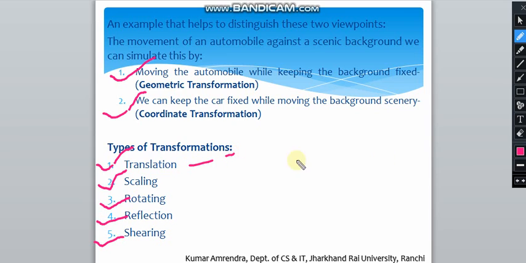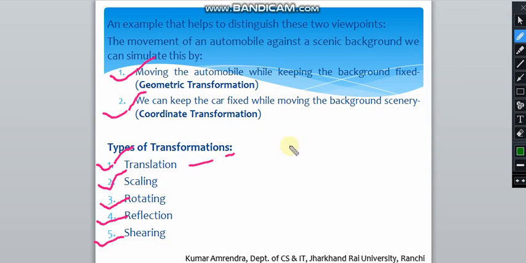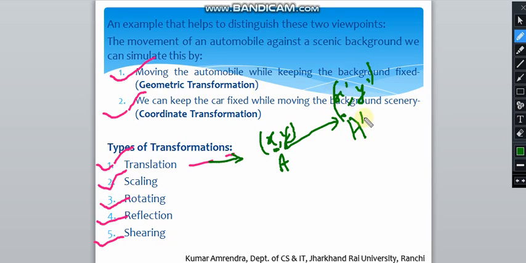So in translation, translate means we have to change the position of the object, or we have to translate the object from one position to another. If this is an object A with coordinate x comma y, we have to shift this A to some position A dash with x dash comma y dash as its translated coordinate.